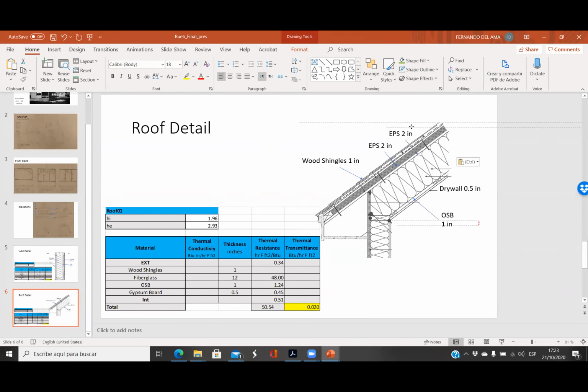Yep, this can be 12-inch fiberglass or fiberboard. Well, fiberglass.